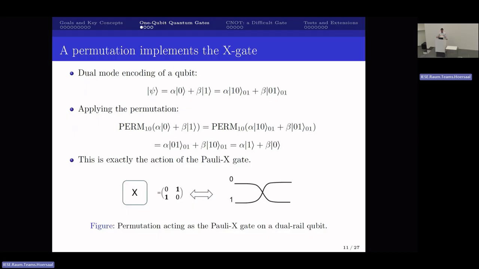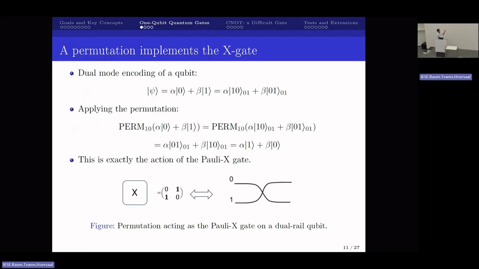So the first one in the dual-rail encoding is the X gate. It's really easy to do, because we can take a generic qubit state at the top, which we call psi, with alpha ket 0 plus beta ket 1, and we just translate the qubit state into Fock states.